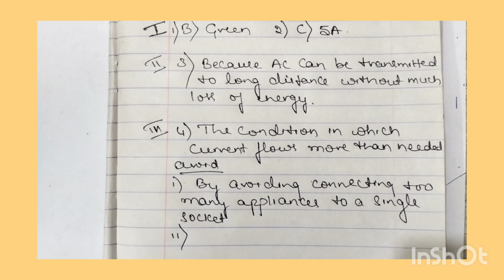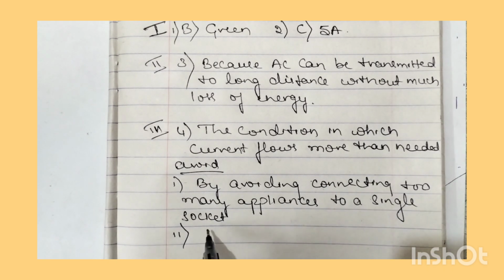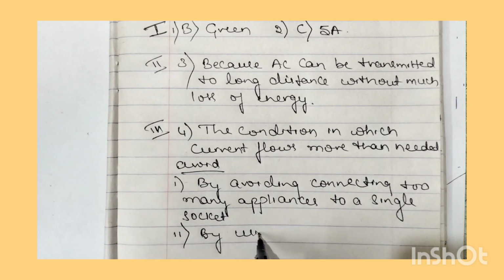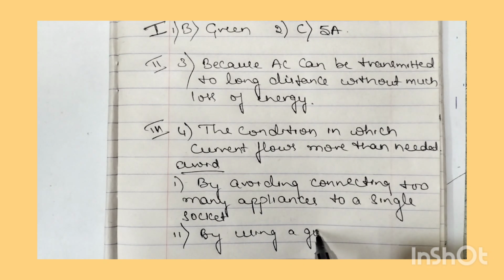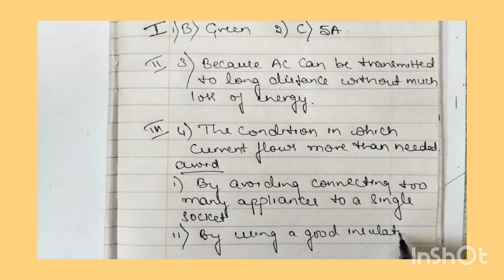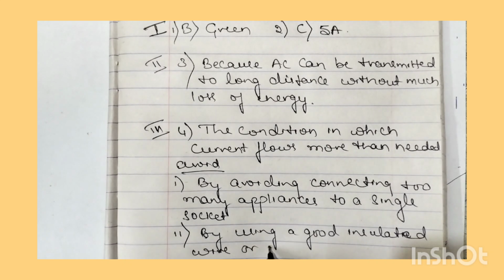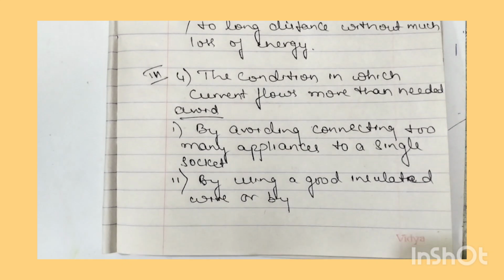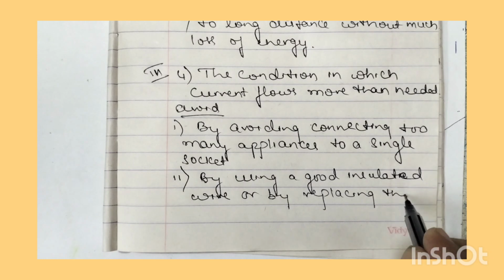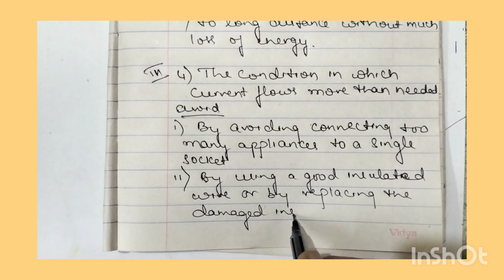Then the second point: overloading can be avoided by using a good insulated wire, or by replacing the damaged insulated wire.